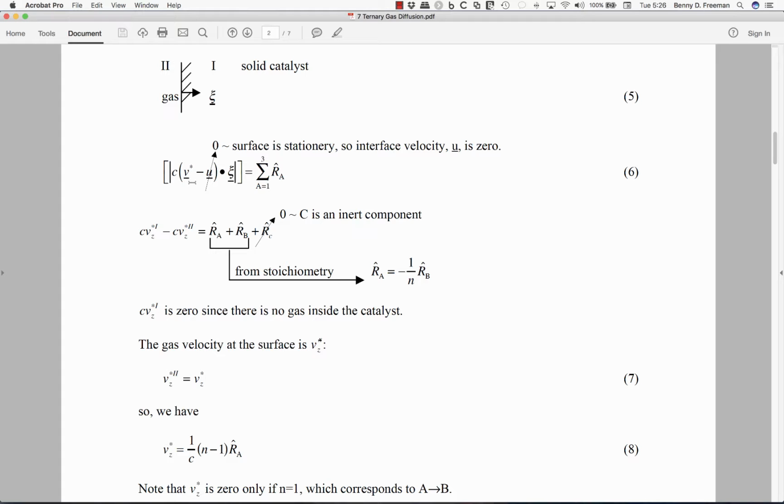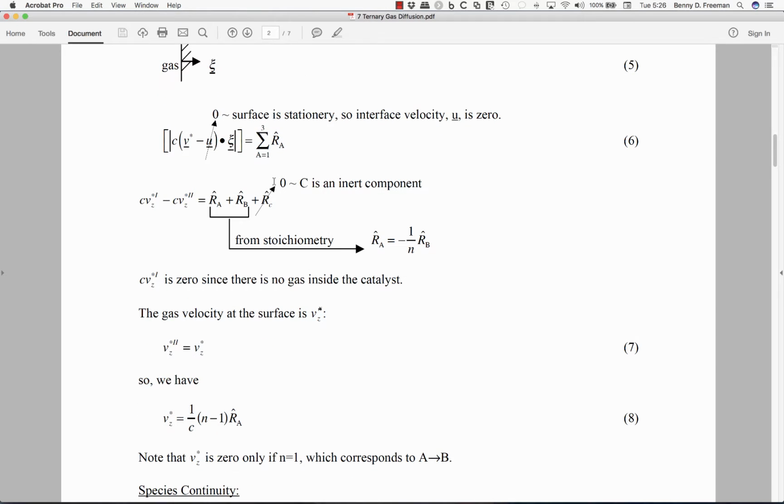And so I apply the definition of the bracketed term, shown here, and write out explicitly the net rate of reaction of each of the components. Component C is inert, and so at the catalytic surface and in the gas phase, its reaction rate is 0. At the catalytic surface, the rates of production and consumption of components B and A are related to one another through the stoichiometry.